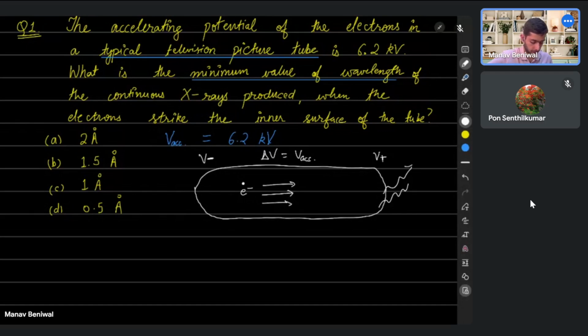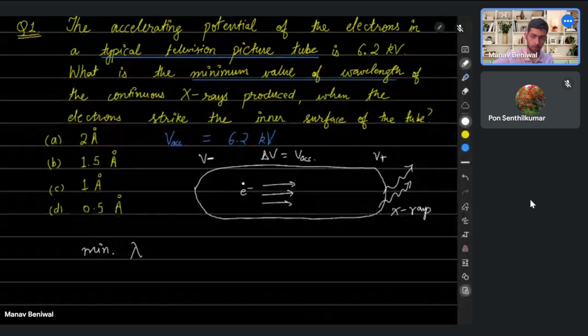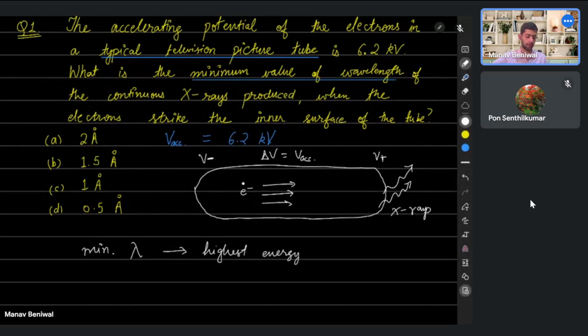And now minimum lambda, which is the minimum wavelength of X-rays that we will require, that will correspond to highest energy, right? And what is the highest possible energy that we have here?